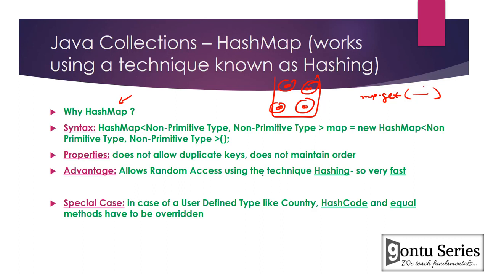Now whatever key you refer to here, as soon as it finds you using the get method, behind the scenes the JDK is going to see, hey, if this key is present in this container, then it must be present at index 4 or at index 6 or at any other index.